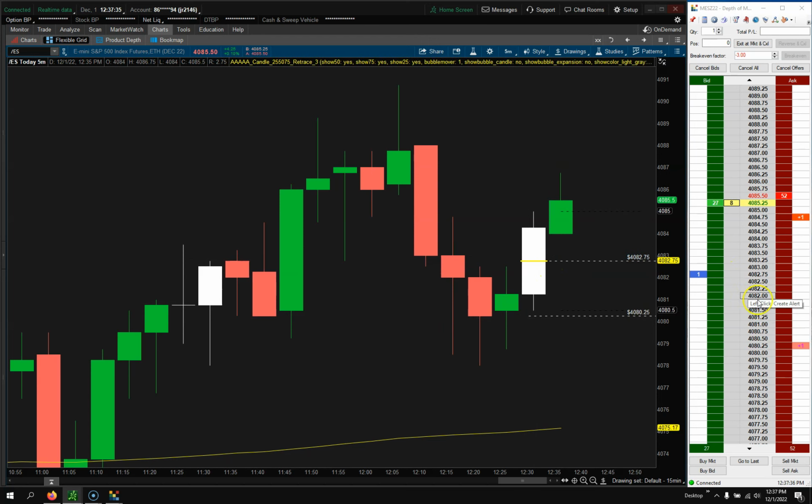And then whatever I'm risking here, which is 2.5 points, I'm going to move my target up to 2.5 points. So I'm going to have a 1-to-1 risk reward. So my target would be 85.25. And so this line right here is my target, right?